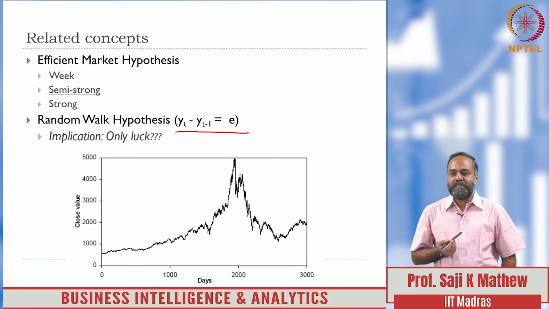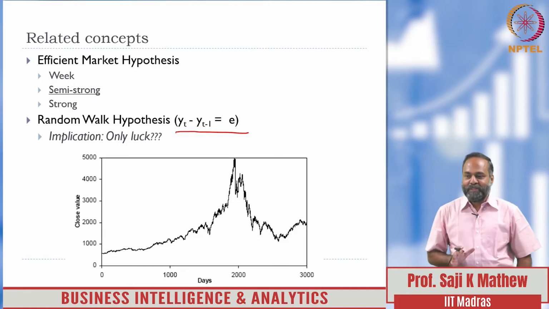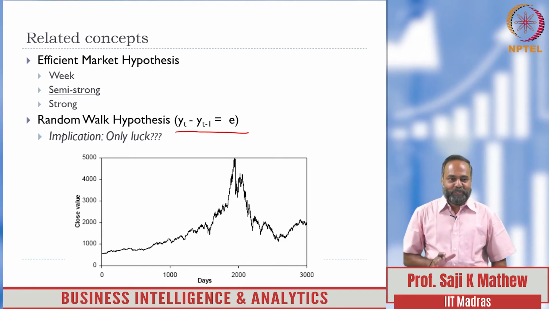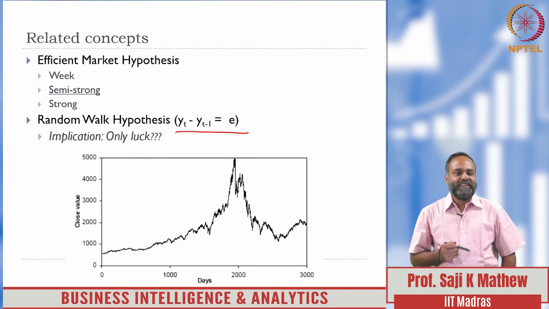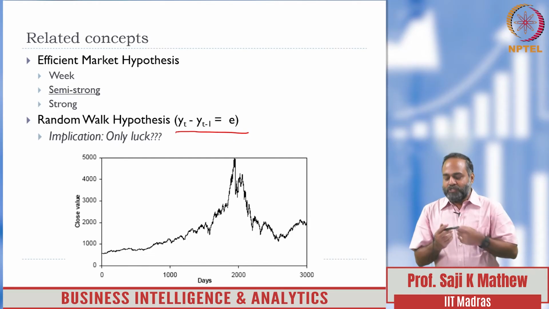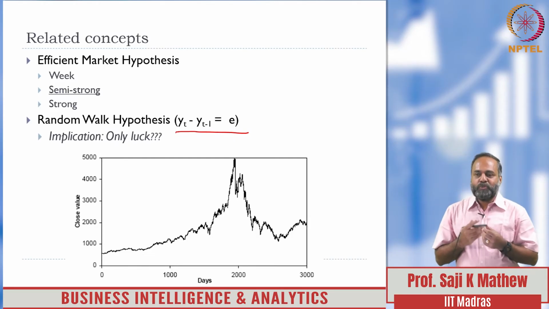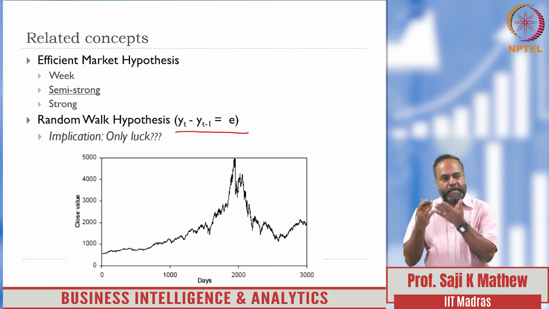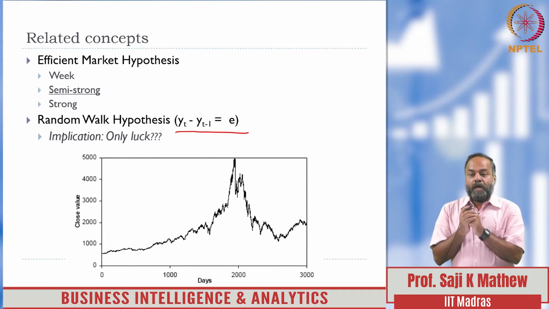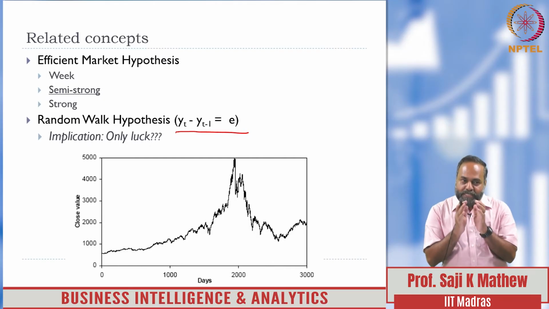Do you agree with this? In that case, we can stop the class right away, because we should not go forward if the random walk hypothesis is 100% true. All attempts to model a time series, be it a stock price series itself or an index of the stock price, are based on the assumption that there is some regular component.